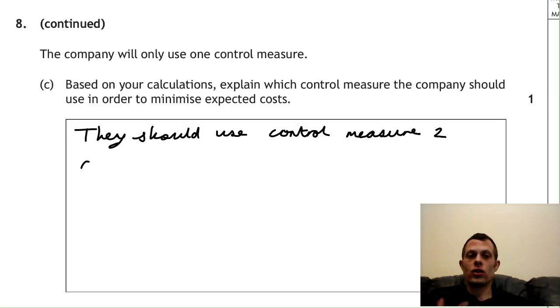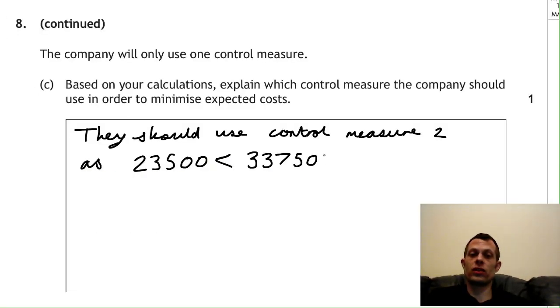And you may not strictly need to write a comparison of the two numbers to get the marks, but I think it's always good practice just to show you're not simply guessing, 50-50 chance which one is correct. So justify your answer. Control measure 2 is cheaper.